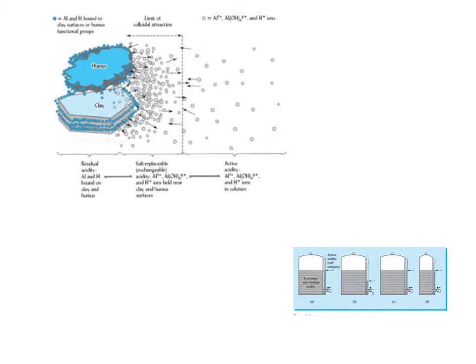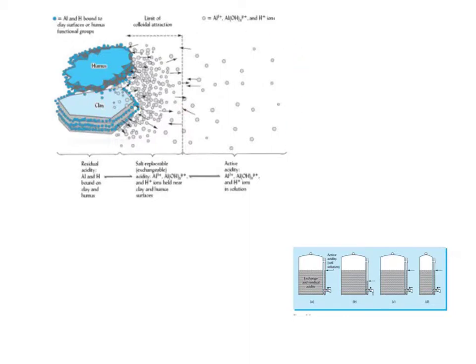In figure 9.7, that's this figure in the upper left hand corner here, the book does a really good job of explaining the different kinds of acidity that are possible in the soil. So far, when we've talked about measuring acidity, really what we're talking about is measuring this acidity right over here.